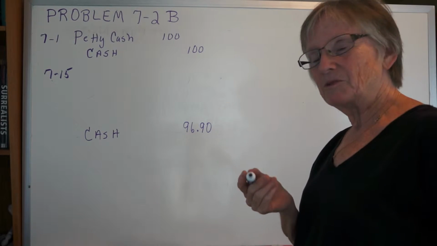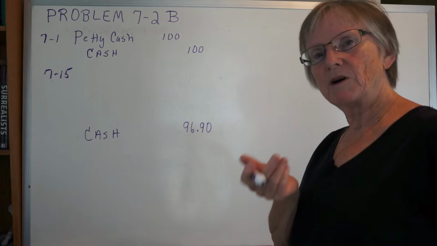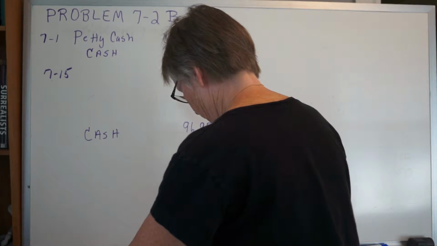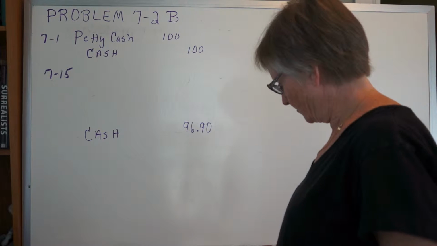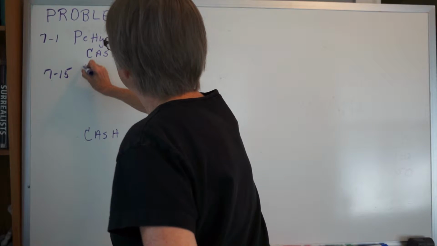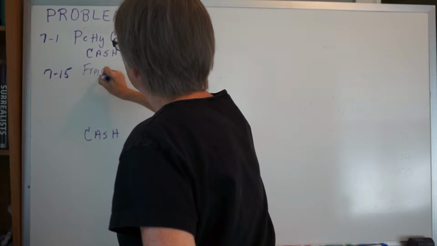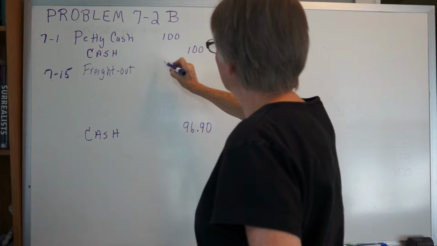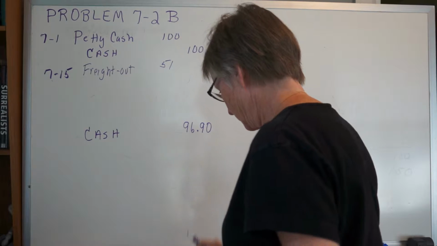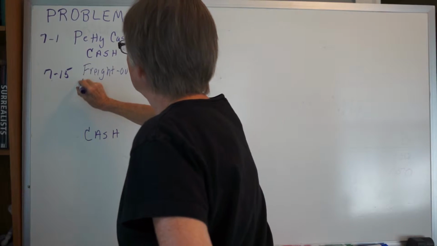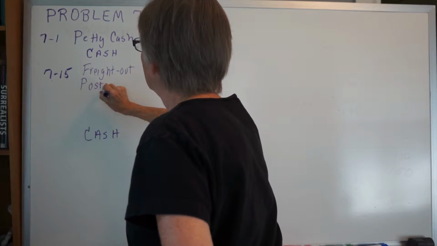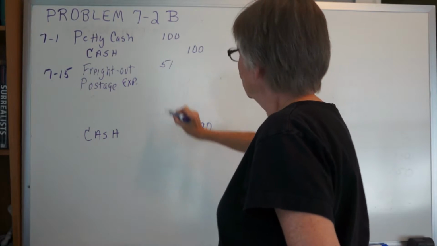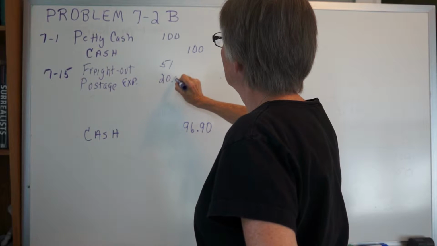Now, the second step is we say, okay, so where did the money go? And here's where we tally up the receipts that we have in the box. So there's a receipt for freight out, so we would debit freight out. And that one was for $51. We have some postage expense for $20.50.